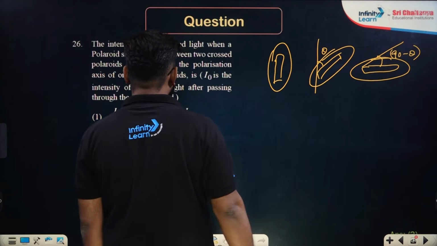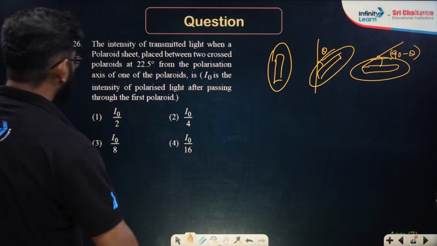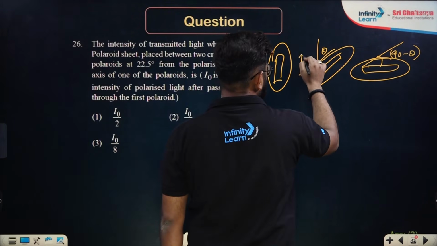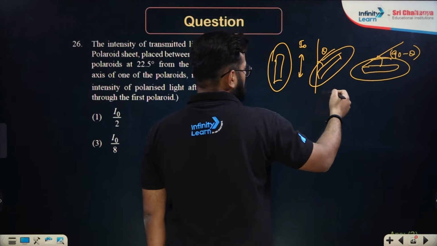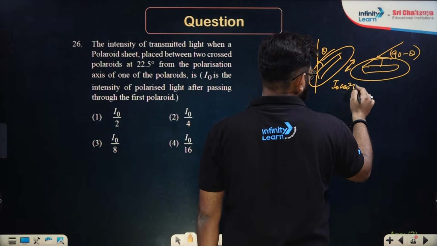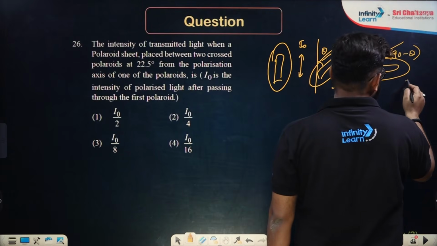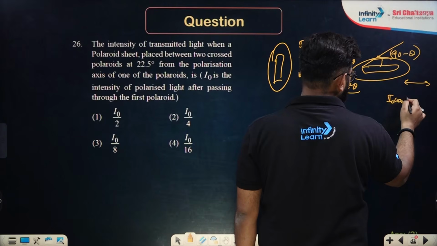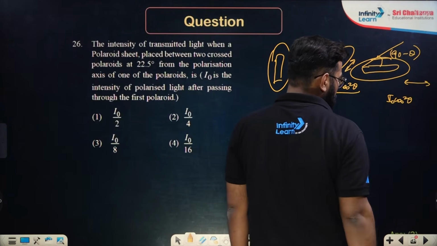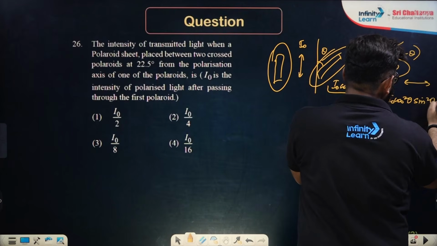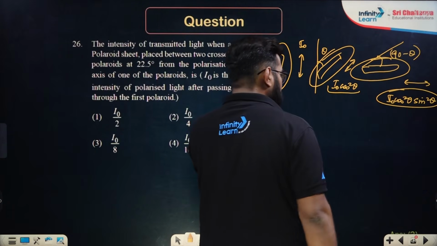Simple point. They're saying I naught is the intensity of polarized light, so not unpolarized, they are talking about polarized light. Let's say this is I naught. So what gets out over here is I naught cos square theta. And what gets out over here is I naught cos square theta into cos square of this angle. Cos of 90 minus theta is sin theta, so this is the intensity which is getting out.